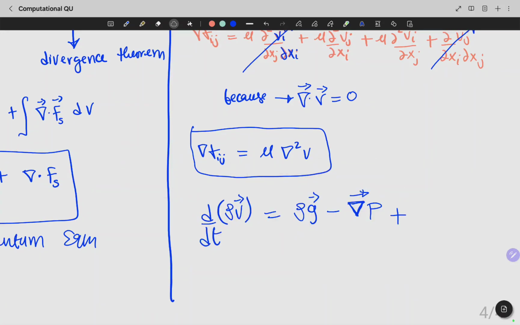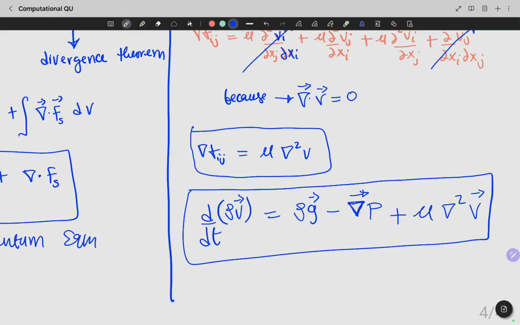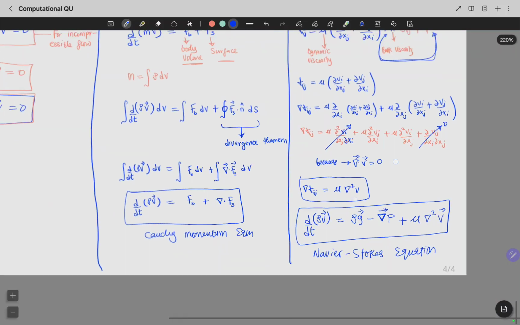We can now say that this is plus mu del squared v, and that is the Navier-Stokes equation. This is the Navier-Stokes equation for incompressible fluid. If the fluid is compressible, you already have seen the compromises we made.